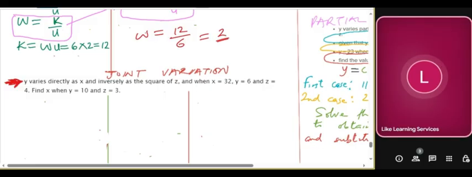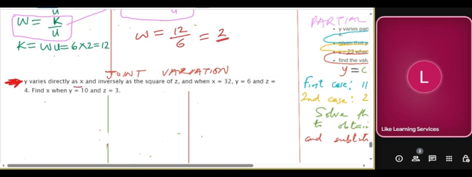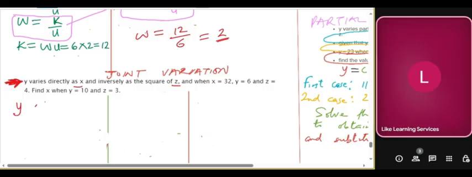Alright, so joint, because two variations are involved, one inversely, one directly. Y varies directly as x and inversely as something. So you just write it out like that. So y varies directly as x and inversely as z.